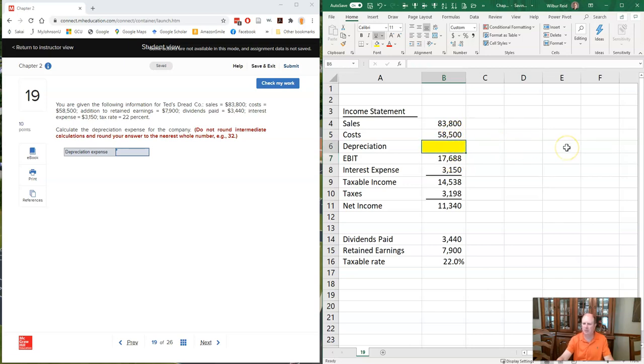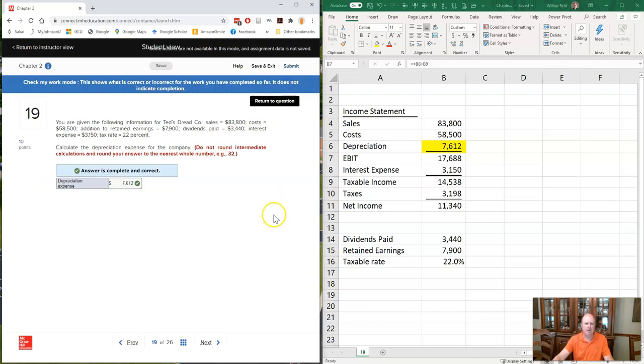Again, a little algebra here, and we can say that depreciation has to be sales minus cost minus EBIT, and we come up with $7,612 for depreciation. Again, those have to add up. So I can punch in for my answer here, 7,612, check my work, and sure enough, that is correct.